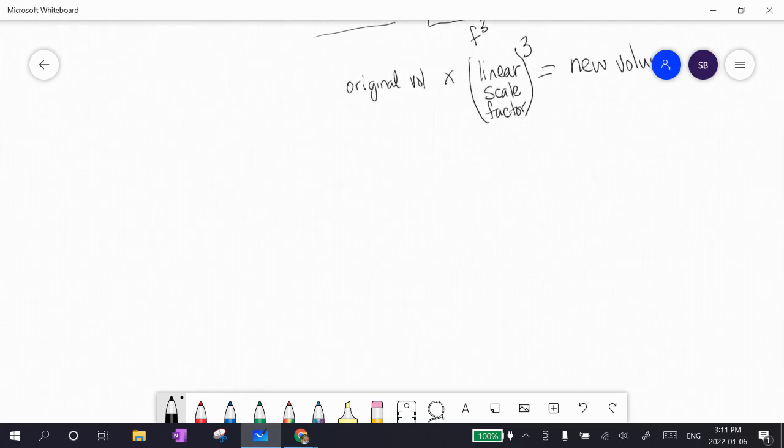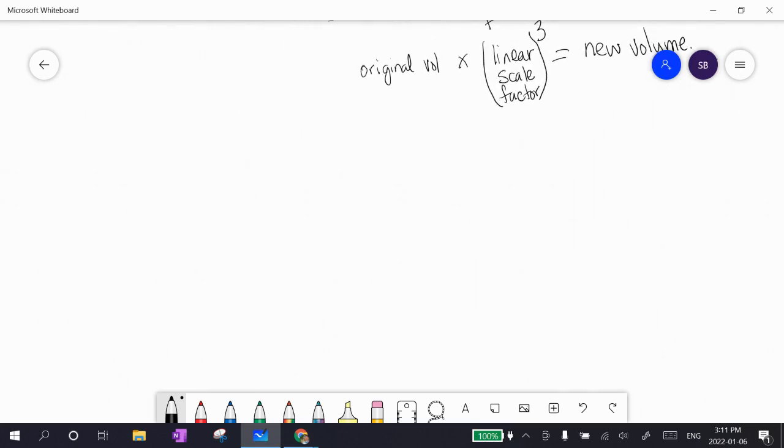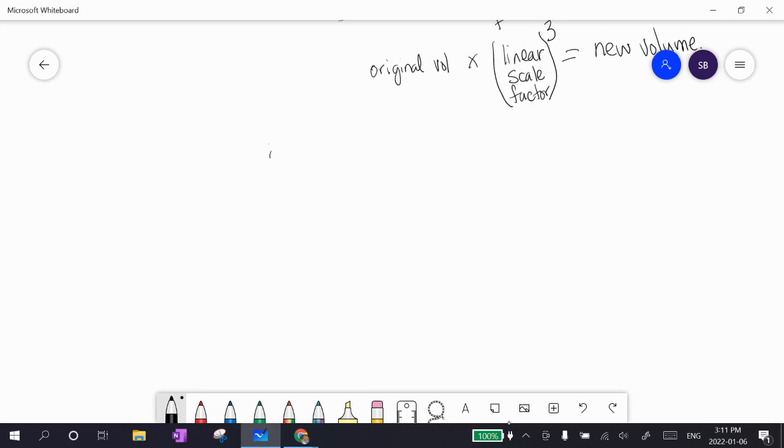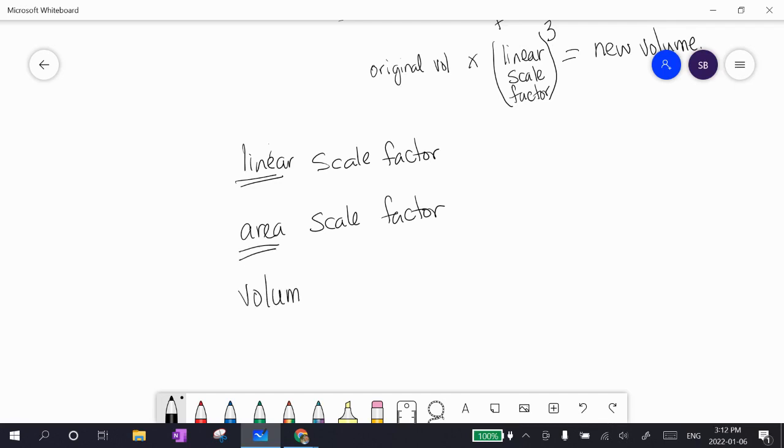Now, moving from there, I'm just going to rewrite this for myself. Linear scale factor is for lines. Area scale factor is for area. And volume scale factor is for volume.